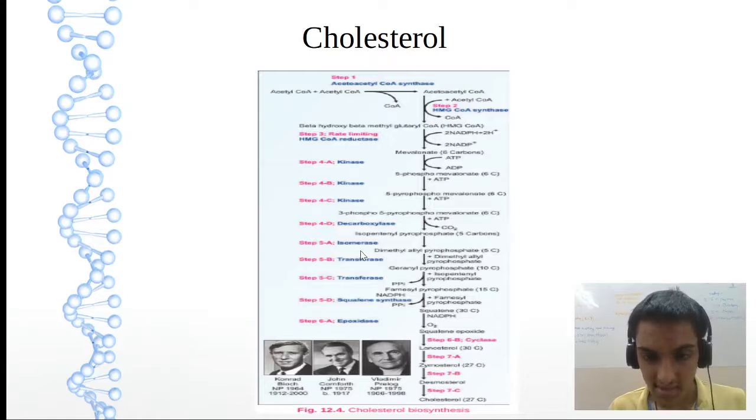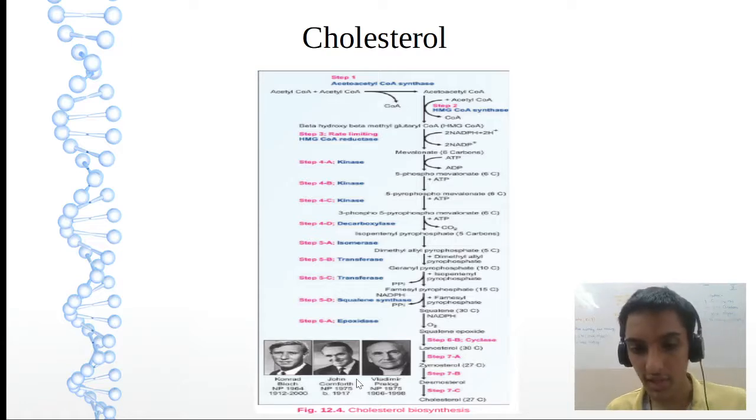On isomerase we'll get dimethyl allyl pyrophosphate. Then on prenyl transferase we'll get GPP, geranyl pyrophosphate. Then on prenyl transferase again we'll get farnesyl pyrophosphate. Then on squalene synthase, NADPH to NADP plus, oxygen to water, we'll get squalene.